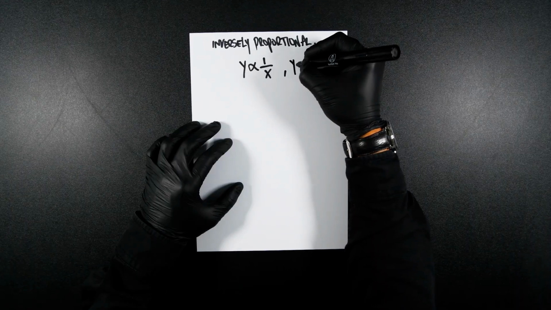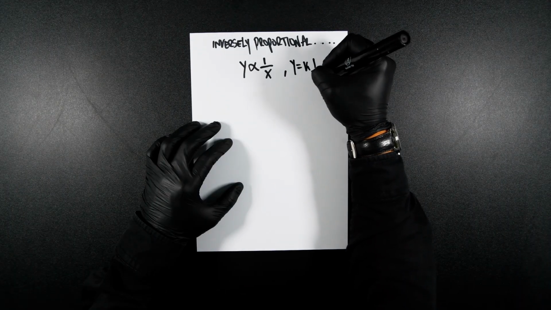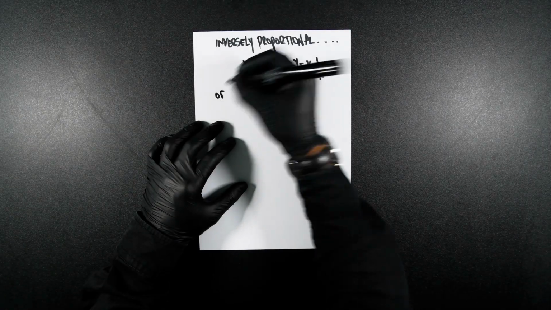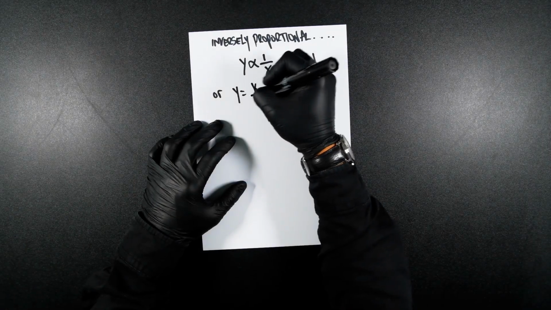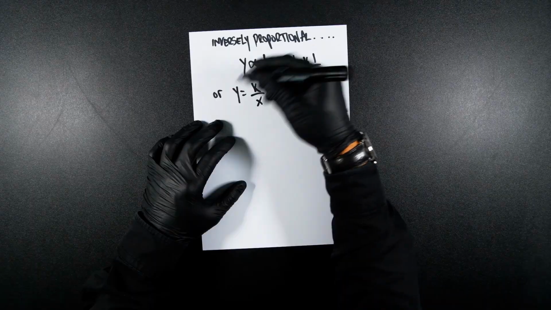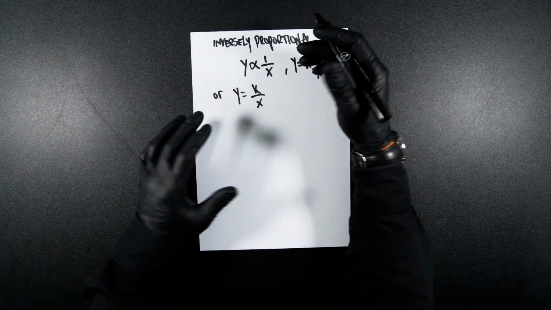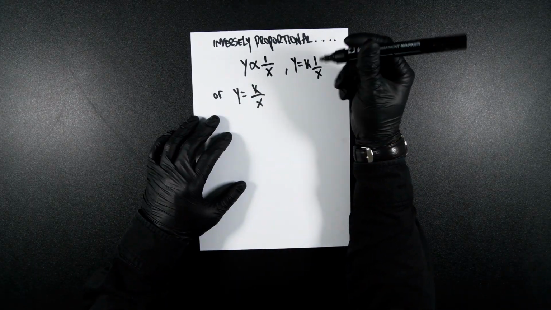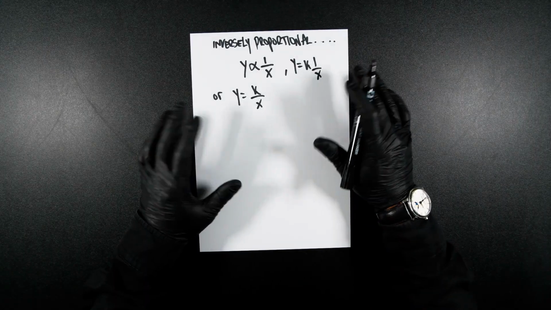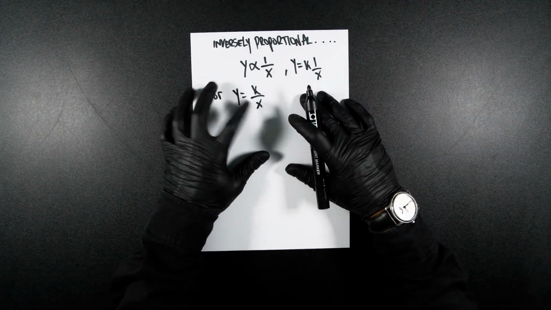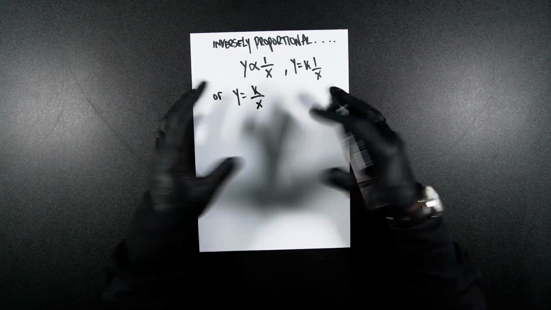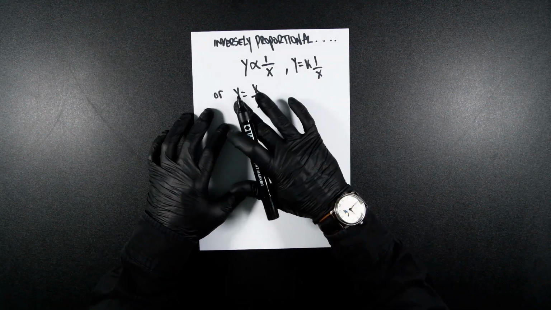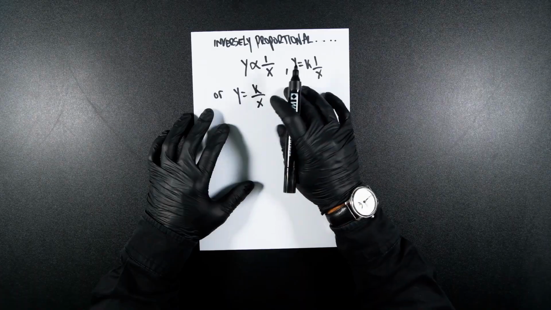So you're going to get y equals k times 1 over x, or y equals k over x. This is our general form whenever you're finding inversely proportional relationships. These variables might be different, they might be p, q, s, t, whatever, but it's always going to be something equals k over something else.